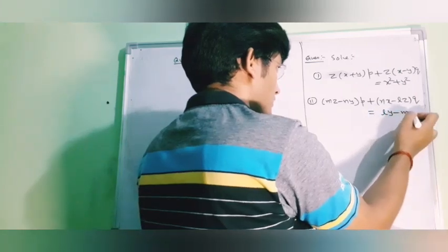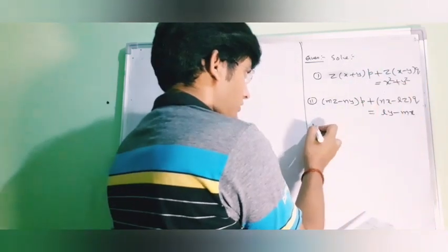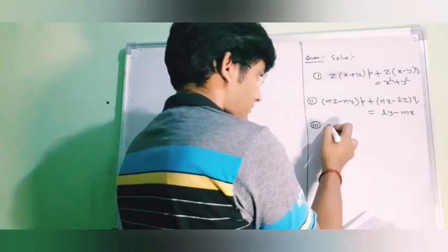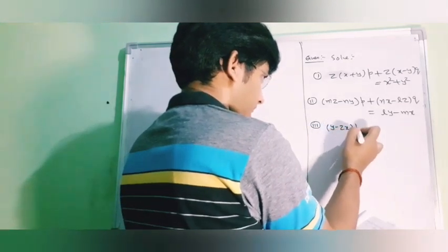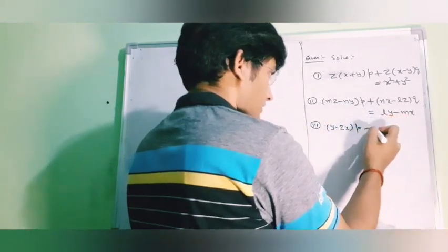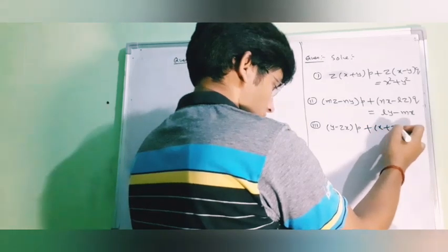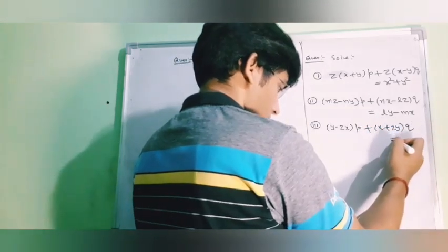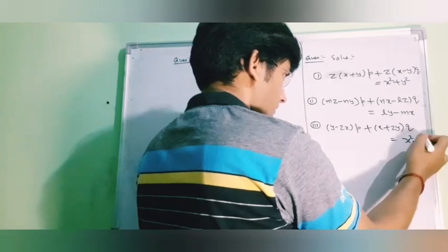This is your second question. Third problem is plus x plus zy q equal to x square plus y square.